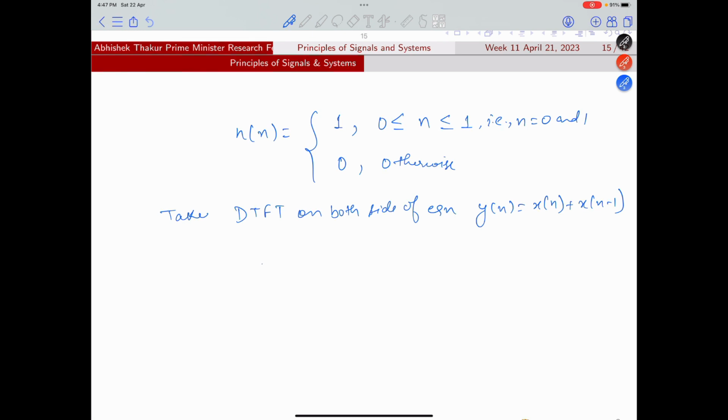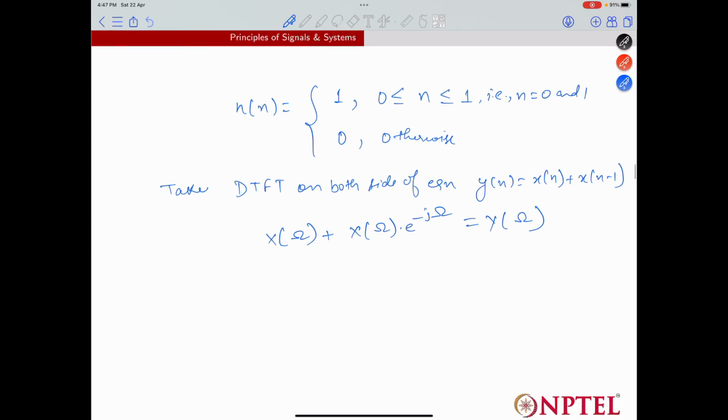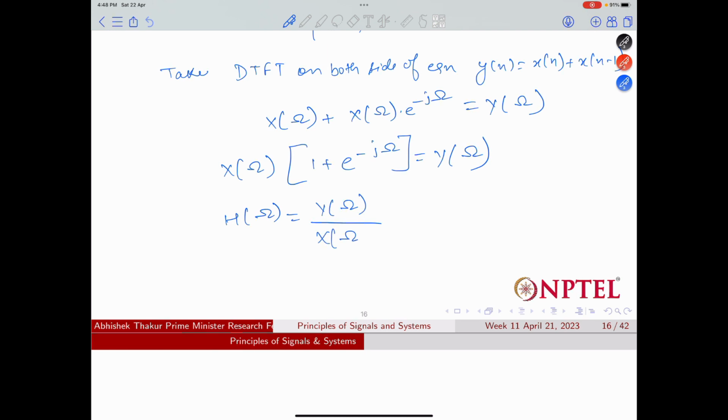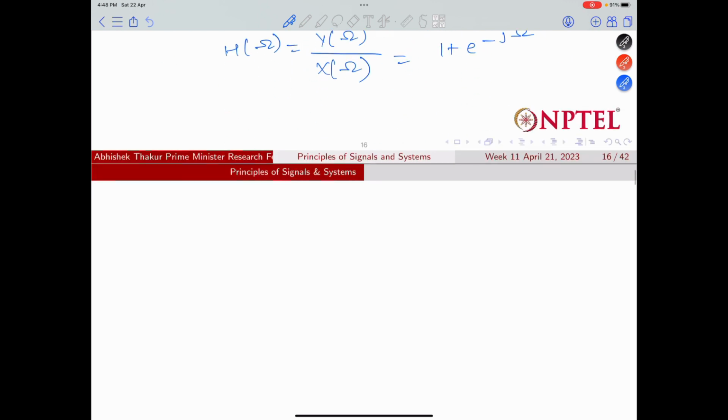Here we will get X of omega plus X of omega into e to the power of minus j omega, that is equal to Y of omega, by taking DTFT on both sides. After taking X of omega common, we get 1 plus e to the power of minus j omega, that is equal to Y of omega. So now our H of omega is equal to Y of omega divided by X of omega, which becomes 1 plus e to the power of minus j omega.